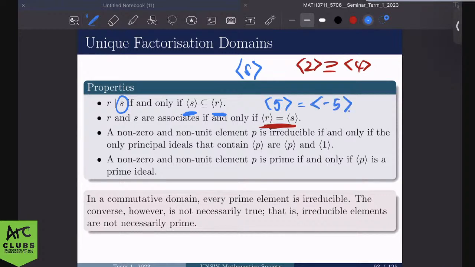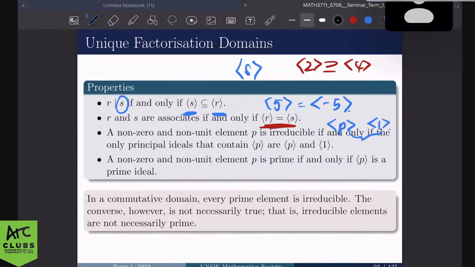A non-zero, non-unit element P is irreducible if and only if the only principal ideals that contain P's ideal are P's ideal itself and the whole ring, generated by 1. You can't go in between, right? That's what irreducible means. You can't go in between to, like, root P. And so finally, a non-zero and non-unit element P is prime if and only if its ideal is a prime ideal.